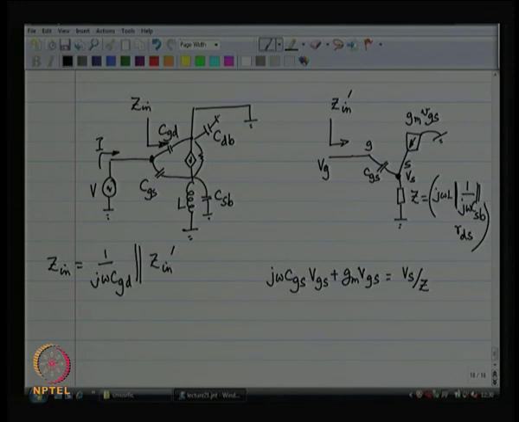Okay. So, we are going to solve this equation and find out Vs, right. So, you put all the Vs's together, all the Vg's together.